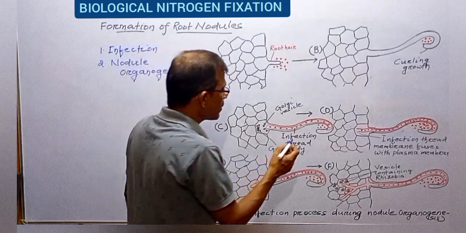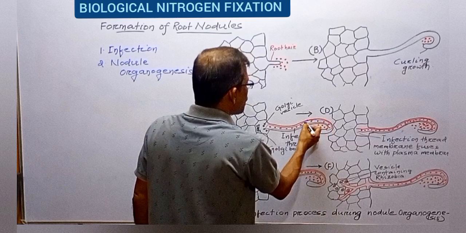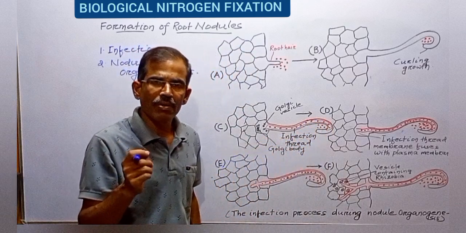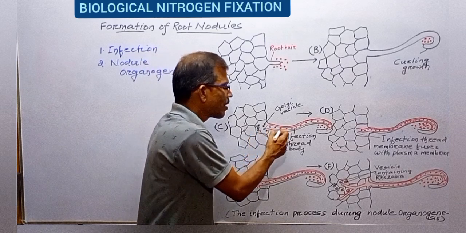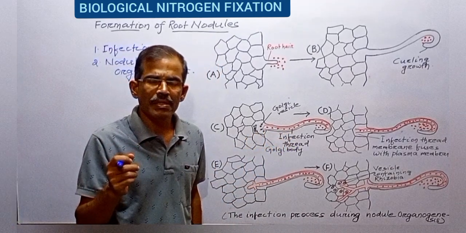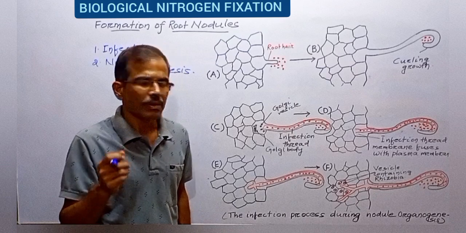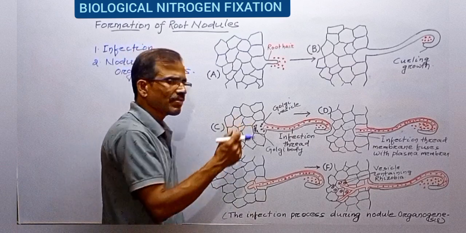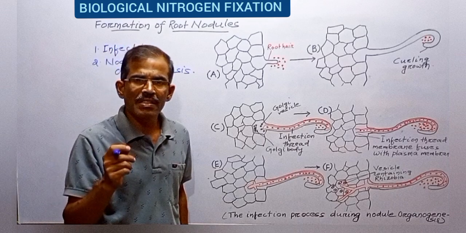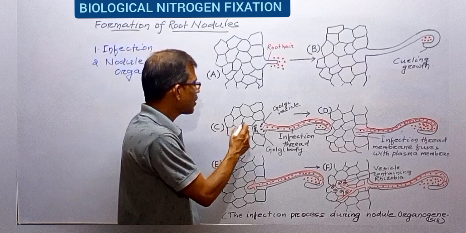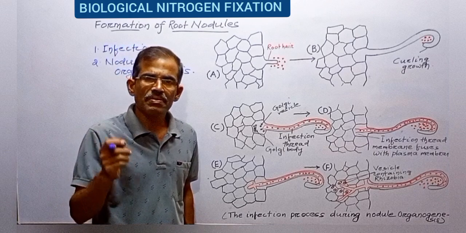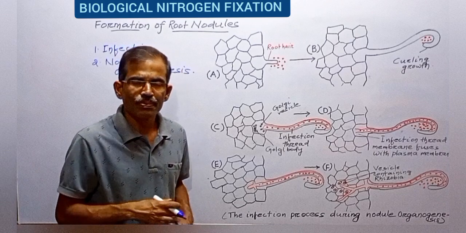The infection thread grows at its tip by the fusion of Golgi-derived membrane vesicles at the end of the tube. Deep within the cortex near the xylem, the cortical cells dedifferentiate and start dividing, forming a distinct area within the cortex called the nodule primordium, which gives rise to root nodules.